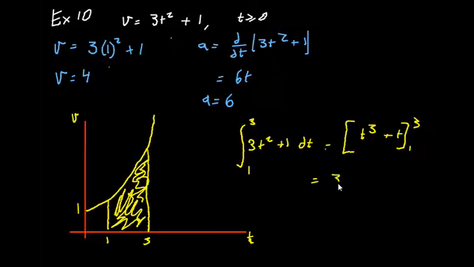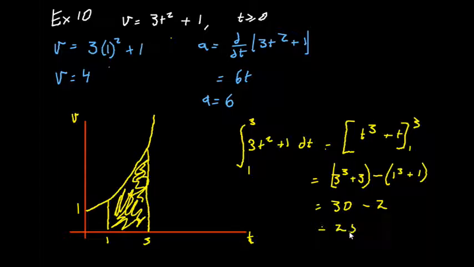So now I have 3 cubed plus 3 for the first terminal, take 1 cubed plus 1 for the second. So I'll get 30, take 2, so 28.